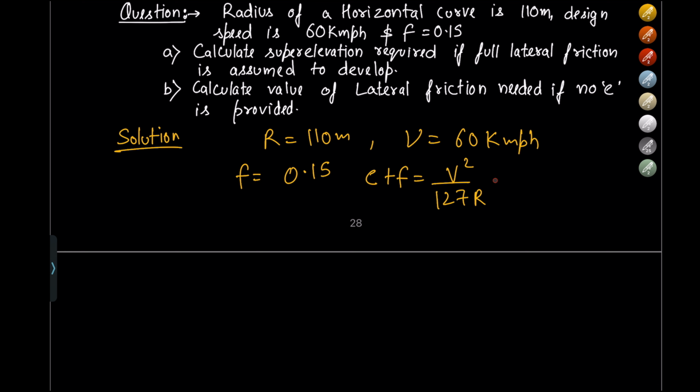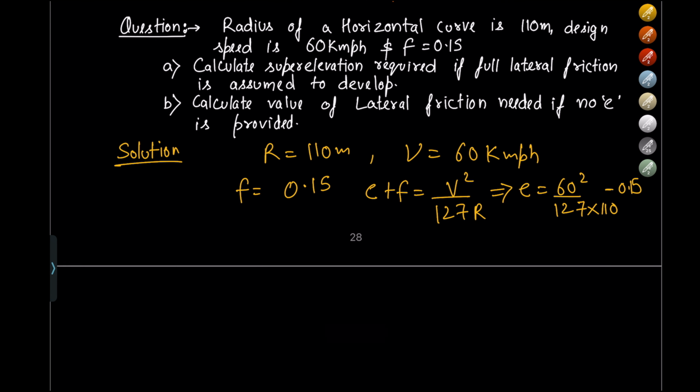E is to be found out, so E equals 60 square upon 127 multiplied by the value of R, which is 110, minus 0.15.